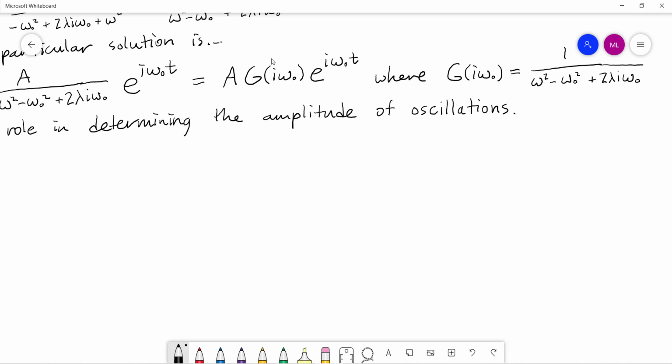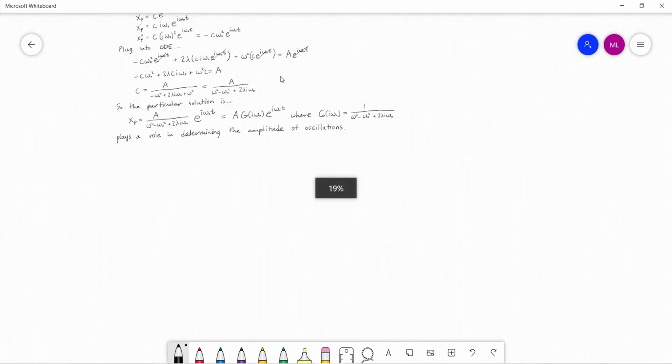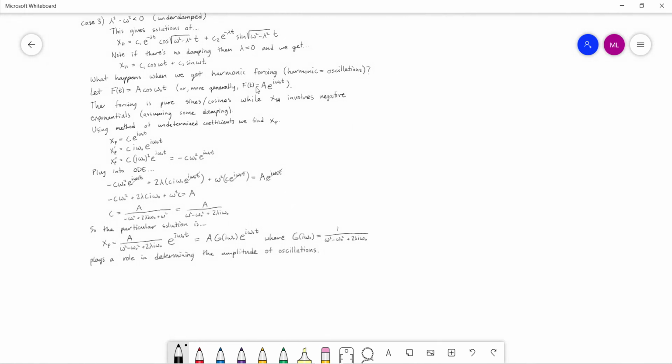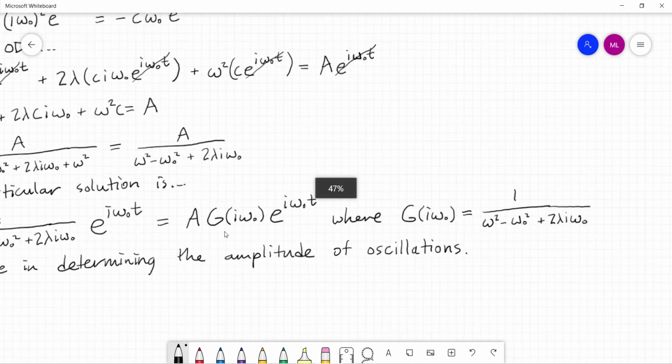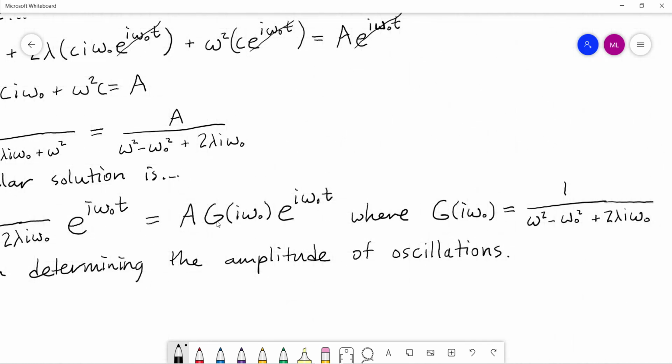And whatever's sitting in front of those sines and cosines is the amplitude. And so in this case, obviously the a plays a role in the amplitude. That's the amplitude essentially of the forcing being applied, right? A was how big are the oscillations being applied in terms of the force. And the remaining part that determines the amplitude of these oscillations is this g I omega naught.